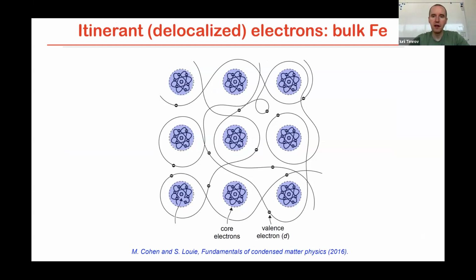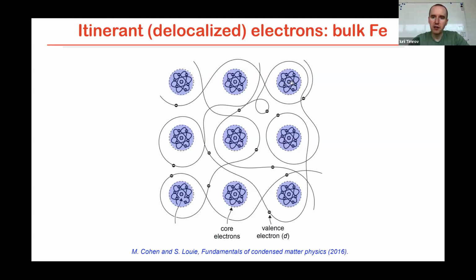And every iron atom has electrons. We can divide these electrons into two groups. The first group is called core electrons, because they are close to the core and very bound to the nucleus. You can see inside this purple atom, we have electrons orbiting around a nucleus.